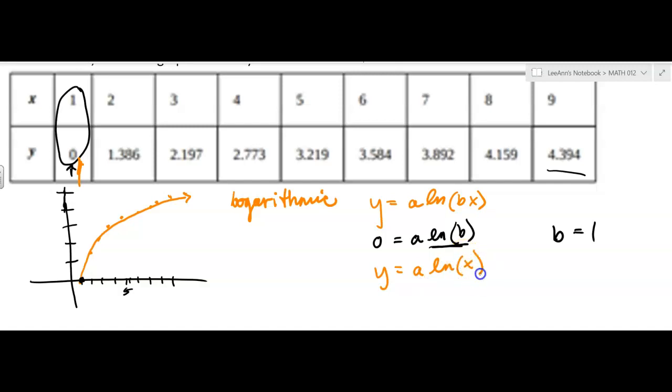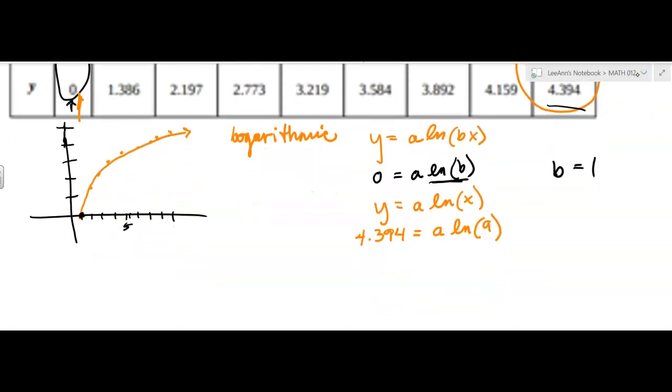Okay, and how would I figure out what A is? Well, they tell you to use the points that are far away. So we're going to look at this end point here. When we plug in 9, we're getting an output of 4.394, A natural log 9. So we're going to divide by the natural log of 9.